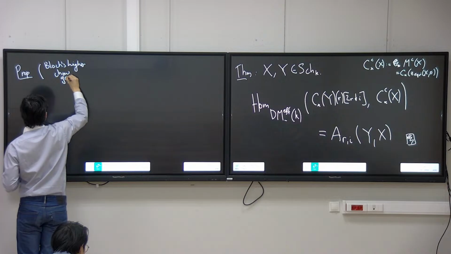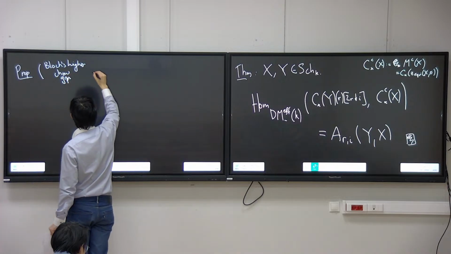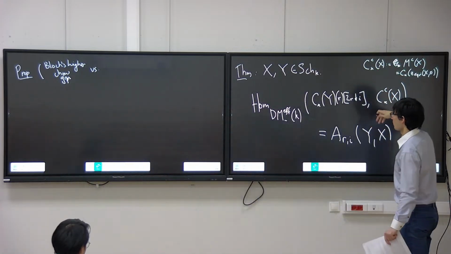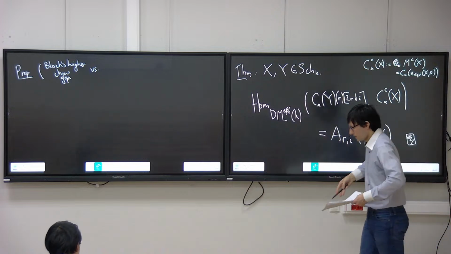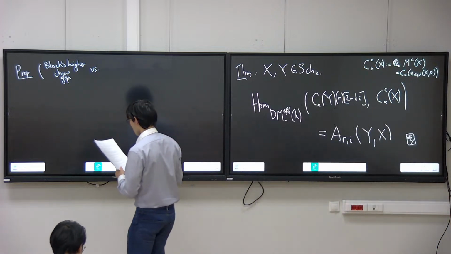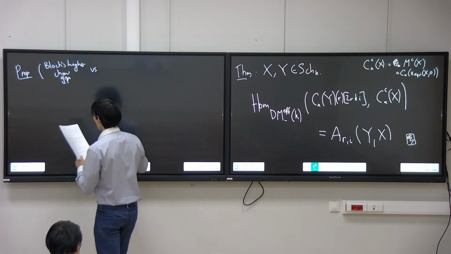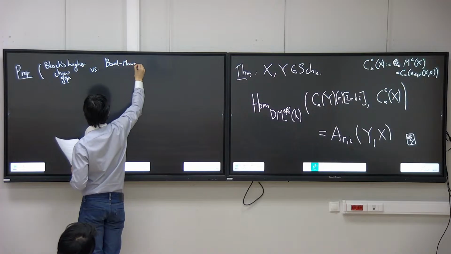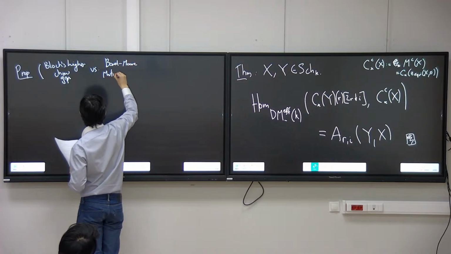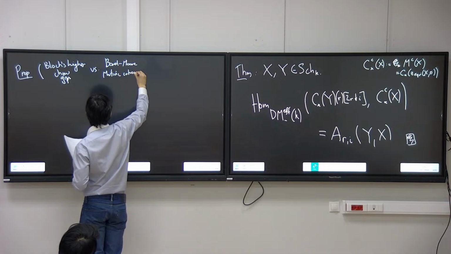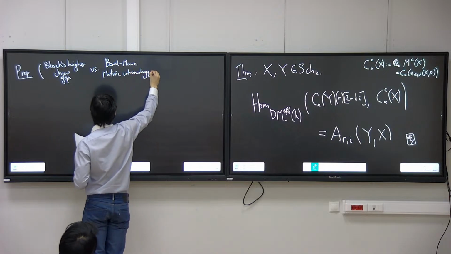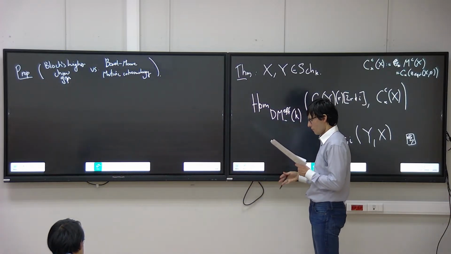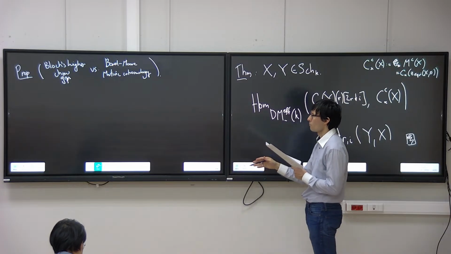I want to relate this to motivic cohomology, and I keep saying that, but first, because of this compact support thing appearing, I relate it to compact support cohomology first as an intermediate step. In the literature, this is called Borel-Moore motivic cohomology. I guess because in algebraic topology there is a notion of Borel-Moore cohomology or Borel-Moore homology, and it's just a fancy way of saying look at cohomology with compact support.